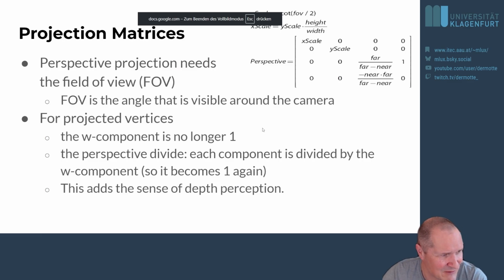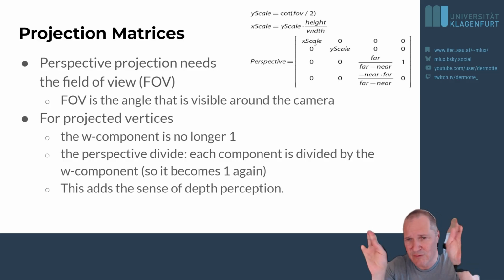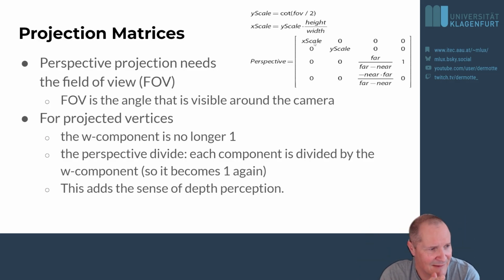And the projection matrix, we already saw the many boxes demo. The field of view is important. It gives us how much we can see, in terms of view angle. And the scale in X and Y are created based on the field of view and the height and the width of the screen, actually. What is interesting here is that the W component is no longer 1.